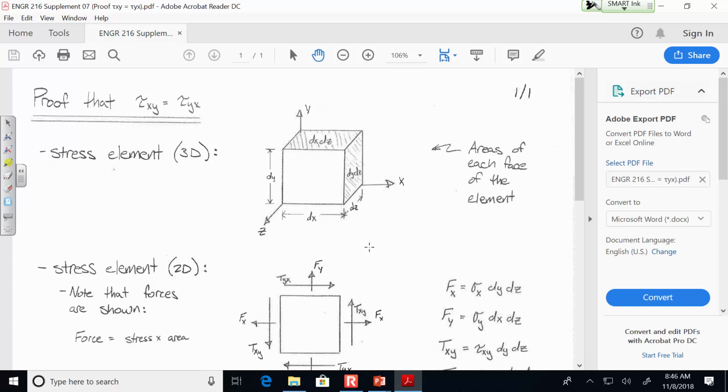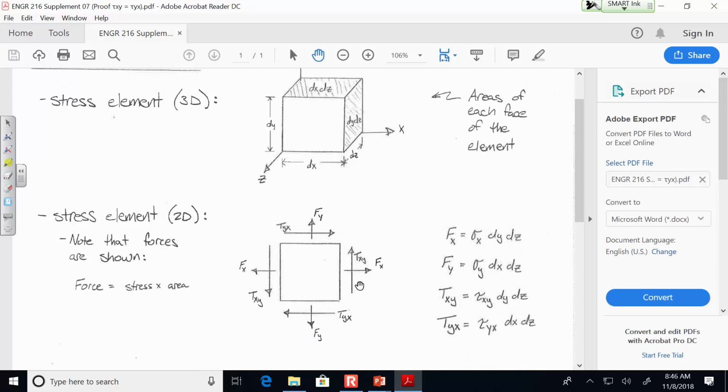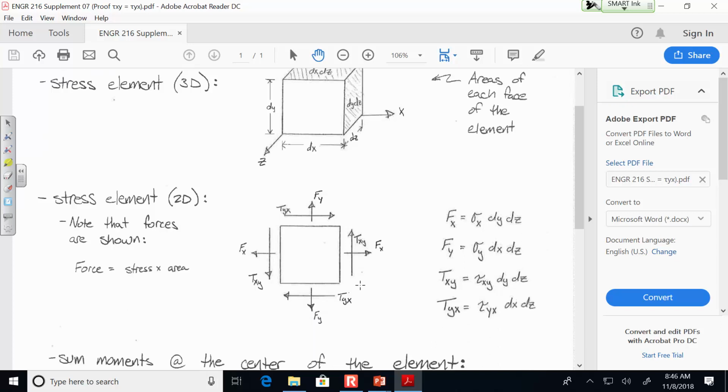Why does that matter? Because if I look at this in 2 dimensions and I'm trying to look at forces, force is stress times an area. So what is this y force? It's the stress, sigma y, times the area of this face, dx dz. What is the force in the x direction? It's the stress in the x direction times the area, dy dz. Same thing for your shear stresses.